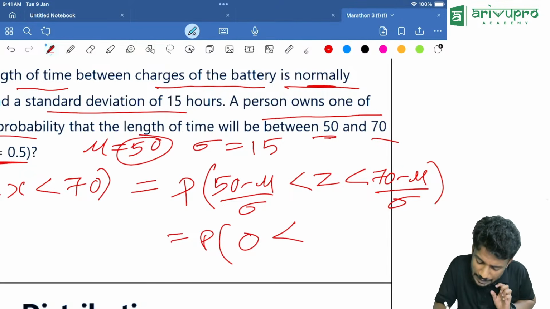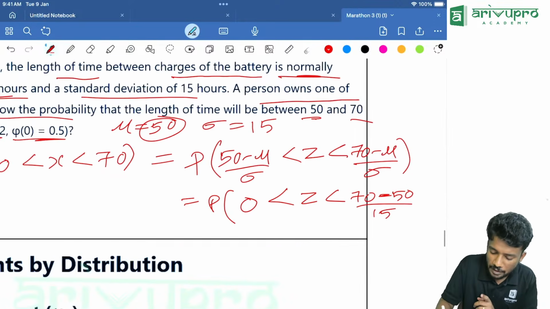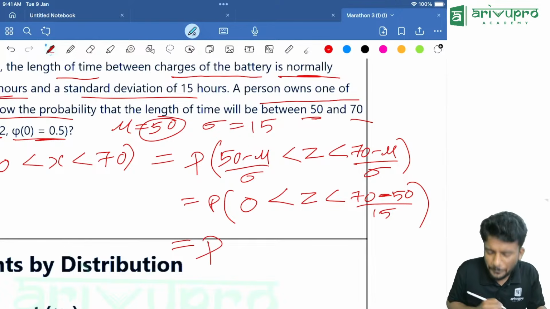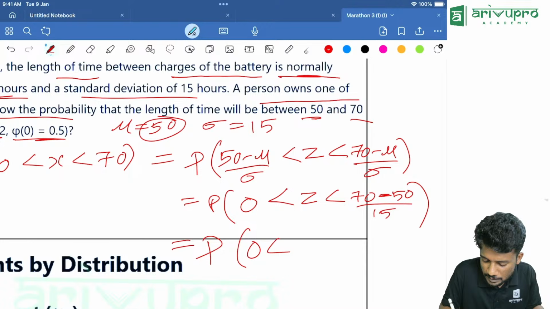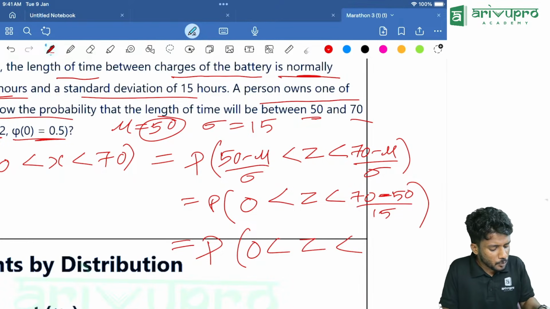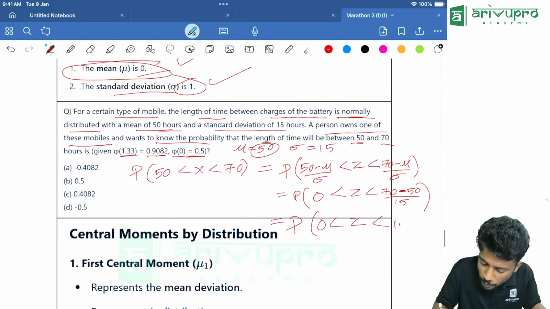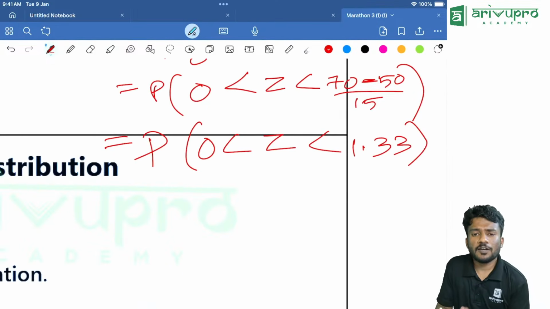Less than 70 minus 50 divided by how much? 15. So which is equal to P of 0 less than Z less than 70 minus 50, which is 20. 20 divided by 15 is how much? We are getting it as 1.33.